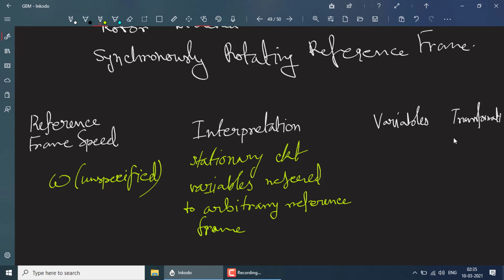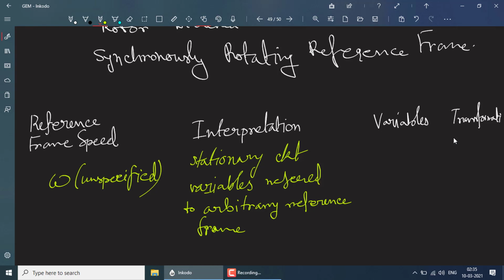But why is this arbitrary? What is the difference between rotor speed and slip speed? Suppose the synchronous speed is 1500 rpm and the machine is rotating at 1400 rpm.